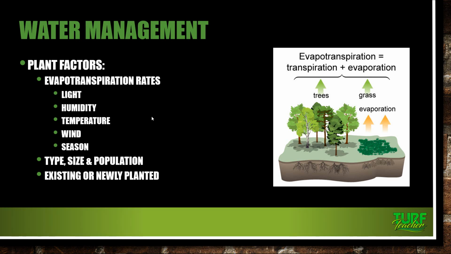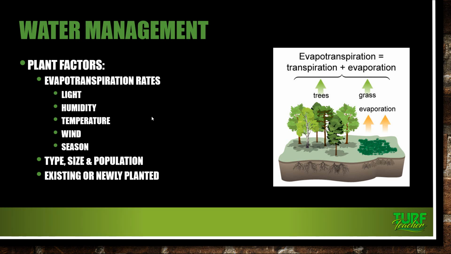And some of these plant factors that we need to take a look at, one is the ETo, the evapotranspiration rate for the area that you live. And that all depends on the amount of light, the humidity, the average temperature, the wind, and the season that we're in.